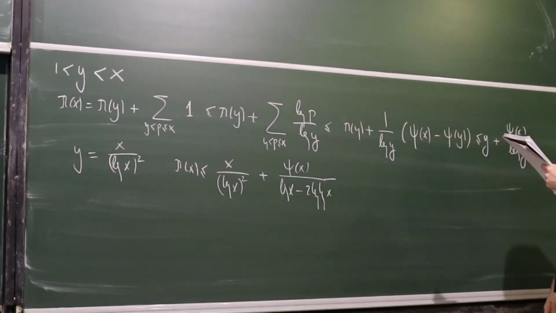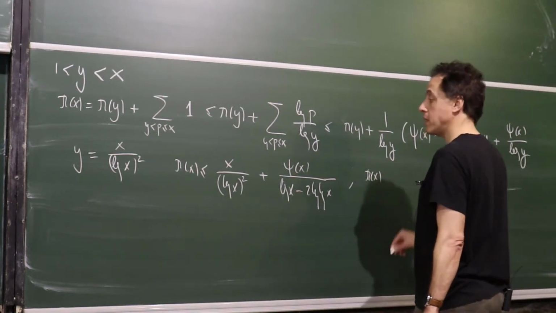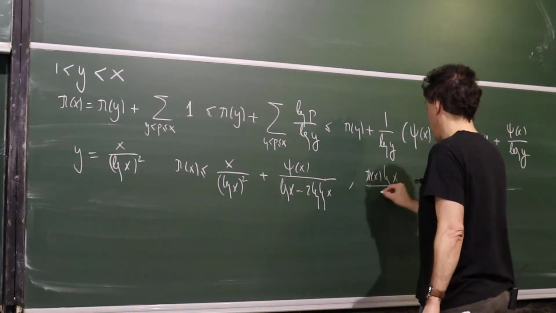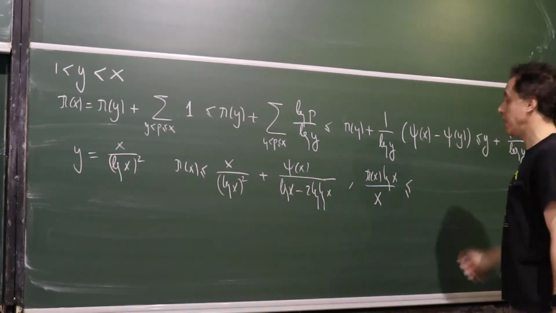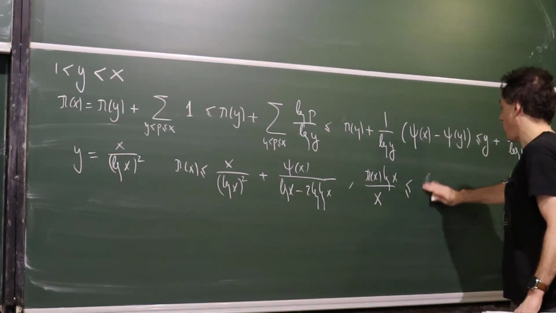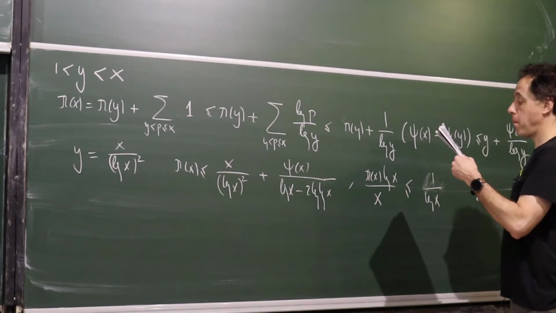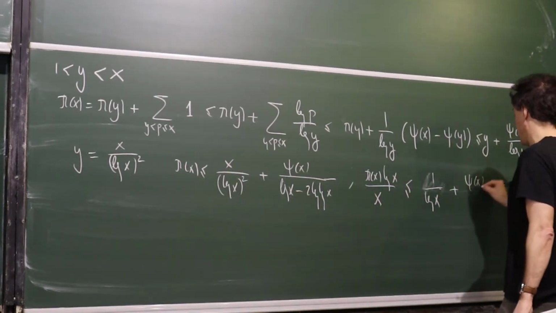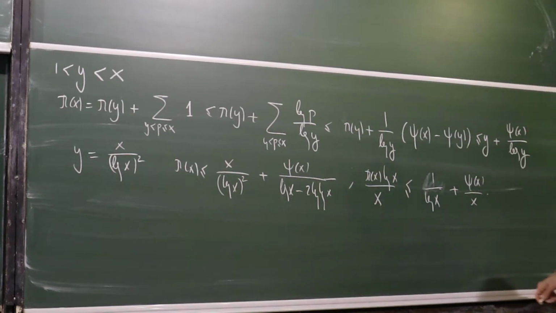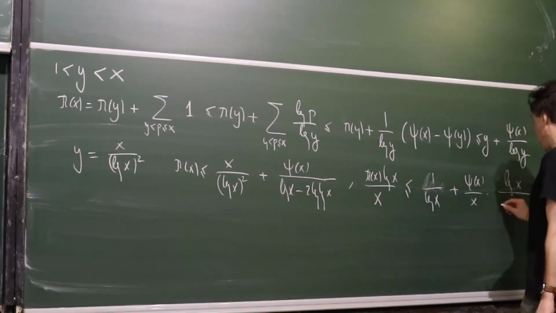Okay, so pi of x times log x over x is smaller or equal than 1 over log x, plus we have here psi of x over x times log x over log y.